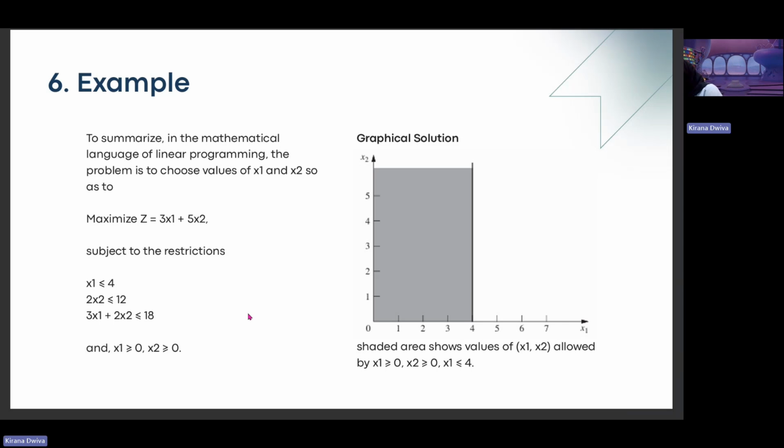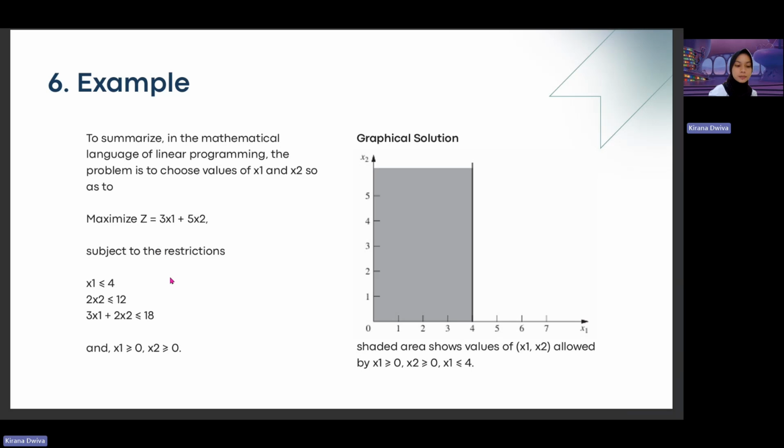To summarize in the mathematical language of linear programming, the problem is to choose values of x1 and x2 to maximize z equals 3x1 plus 5x2.